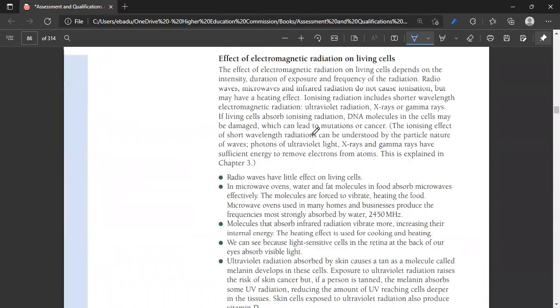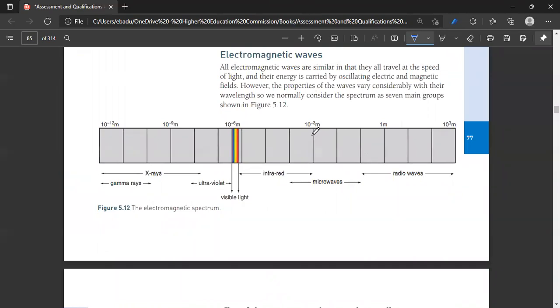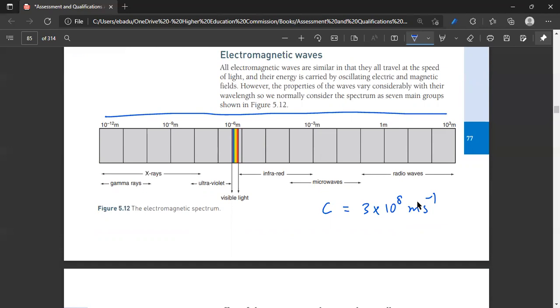Now let's discuss some of the electromagnetic waves, and I hope you have an idea about them. I've seen electromagnetic waves on the electromagnetic spectrum as well. They all have the same speed, c, which is 3 times 10^8 meters per second. What changes is that they are arranged with increasing wavelength on one side, and on the other side increasing frequency and energy.